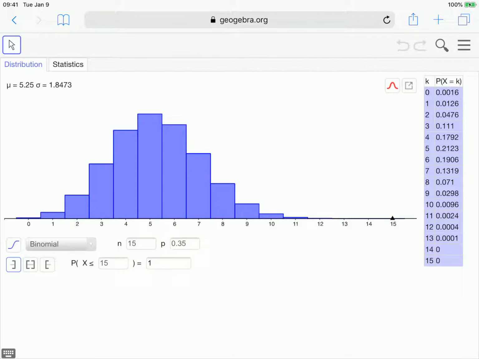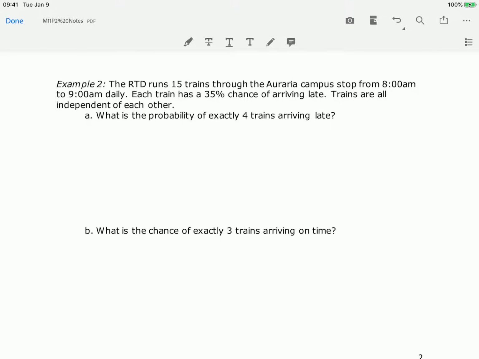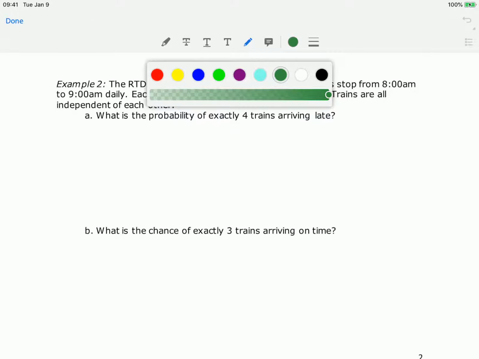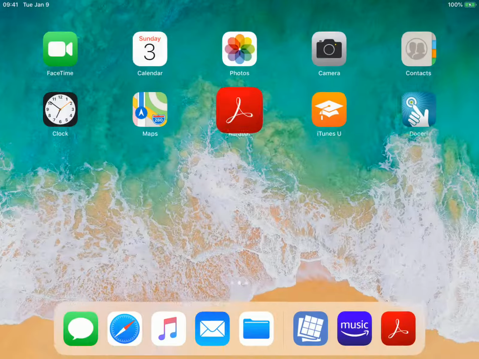So the first question that we had in the notes, let me go back to those, says, what is the probability of exactly 4 trains arriving late? So I want to know the probability that x equals 4. So I'm going to go back to GeoGebra.